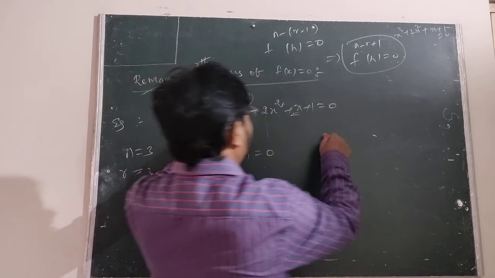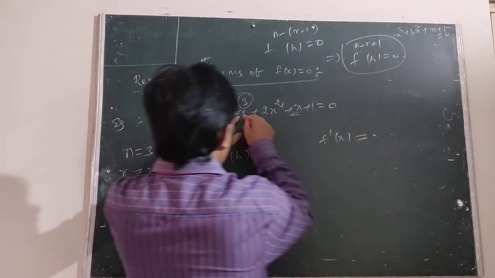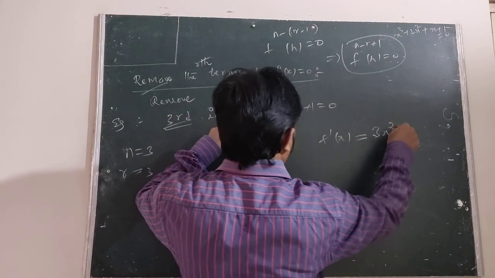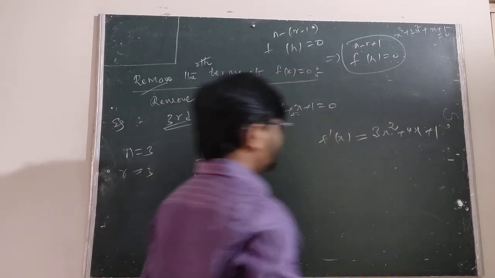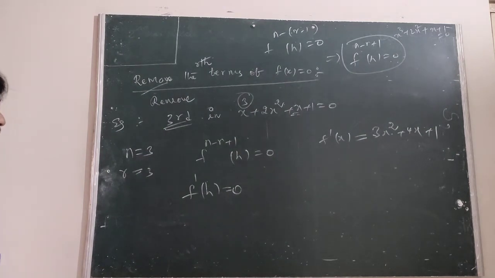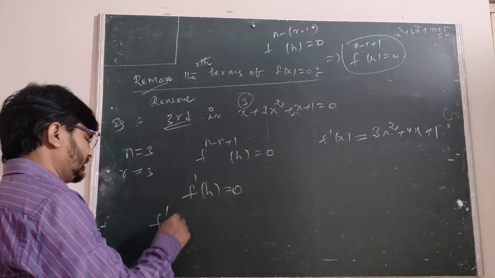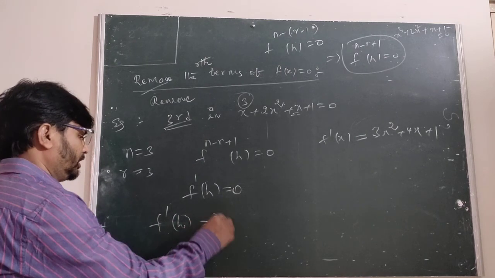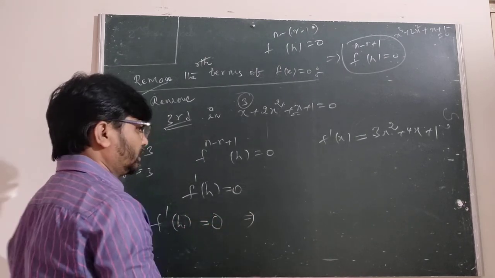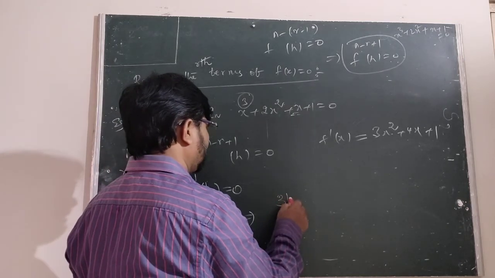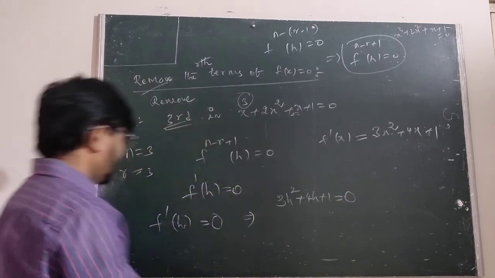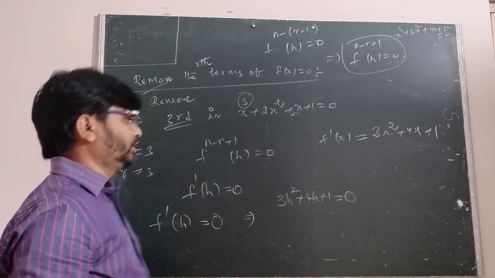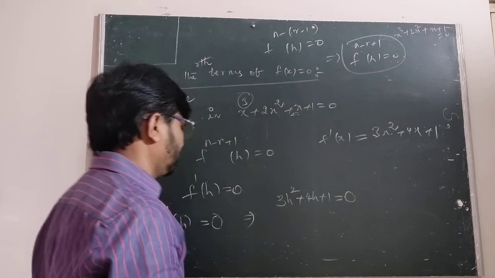Now f dash of x is 3x square plus 4x plus 1. That means f dash of h is 3h square plus 4h plus 1 equal to 0.